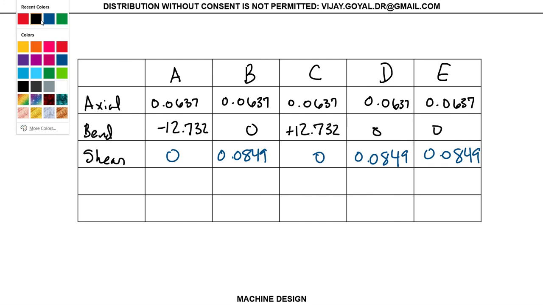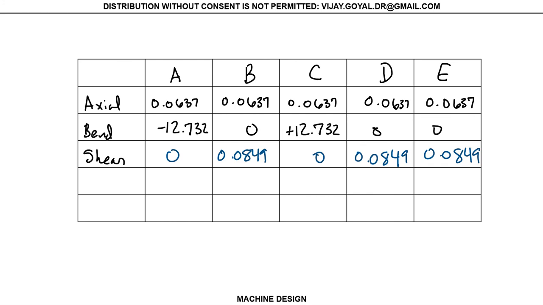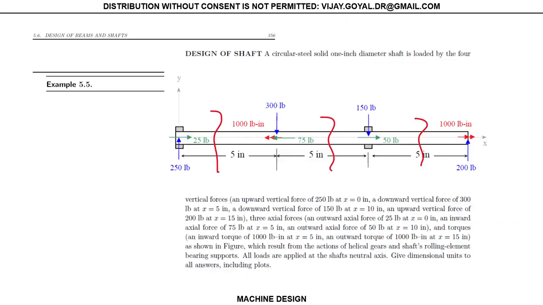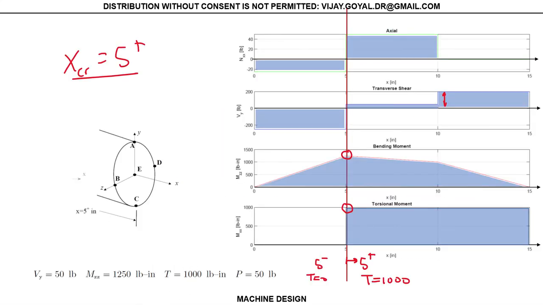The next thing that we want to do in the problem is the torque. That's the next item to look at. When I do the torque, we can see that my torque value was positive.